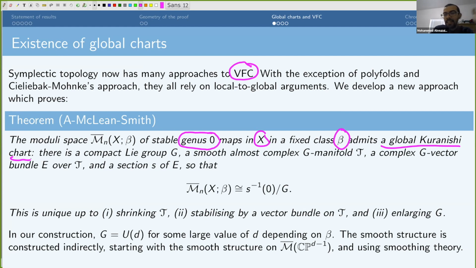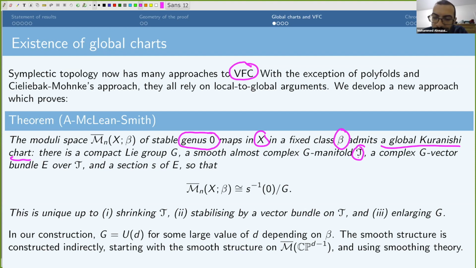We're using the word Kuranishi for tradition's sake, because in some sense, all the complexities of Kuranishi theory are gone from this statement. Instead we have some slightly different complexities that arise. So what do we mean by that? Let me do things in a slightly different order. There is some almost complex manifold T. We need almost complex, but for now you can ignore it.